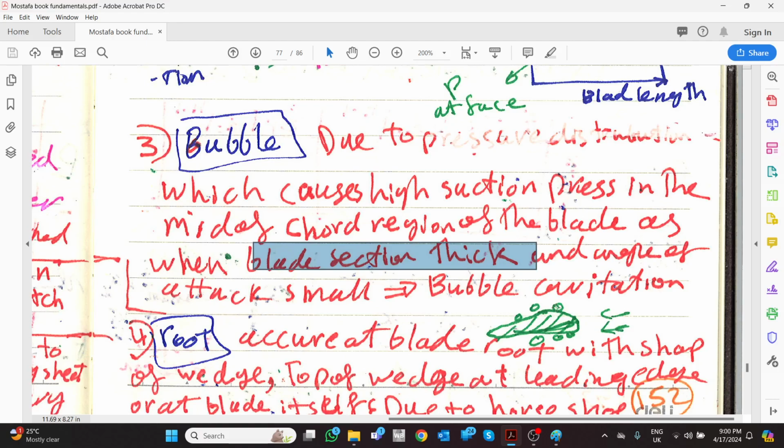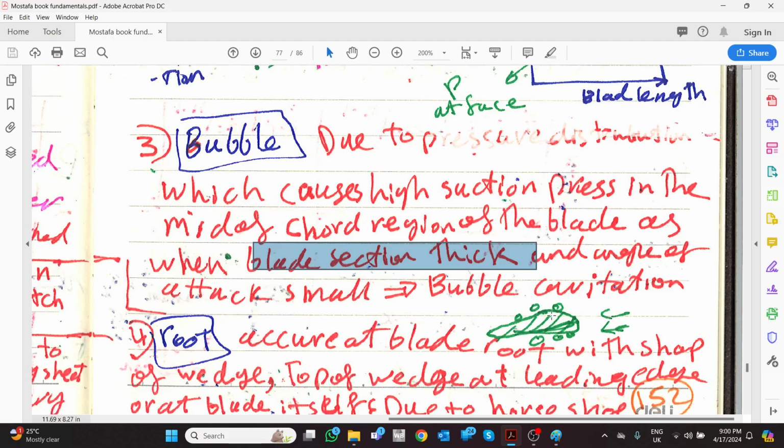So when you have a very thick section of a plate, some of the flow will go up, some of the flow will go down. But according to the shape of the plate, the flow going up increases in velocity here, like an aeroplane airfoil. So the pressure decreases due to the increase in velocity.